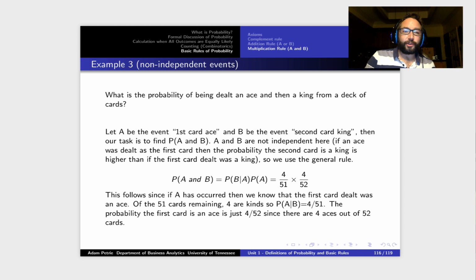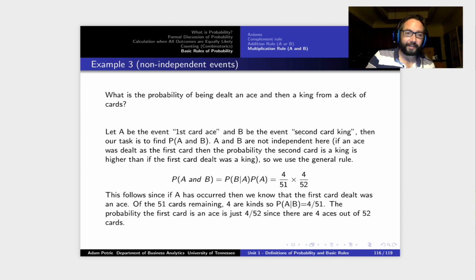We'll come back to the example with non-independent events when we talk about conditional probability, but these sorts of problems would be useful when we're dealing with events that have some sort of relationship with one another. They're not independent. So if we're going to draw 2 cards out of a deck, well, those 2 cards aren't independent because the second card can't be the exact same card that the first card was dealt, as long as we're doing it without replacement here.